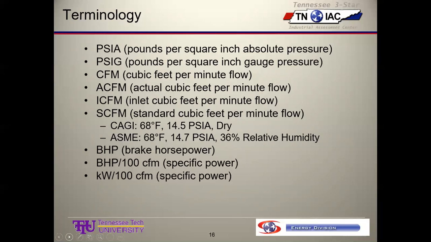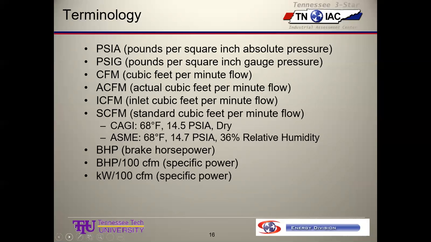You could be in Denver, where you have, I don't know, 12, 13 PSI atmospheric pressure. You could be at sea level where it's 14.7. It would be at different temperatures. Inlet is typically the inlet at the compressor. What conditions do we actually see flowing into the compressor?